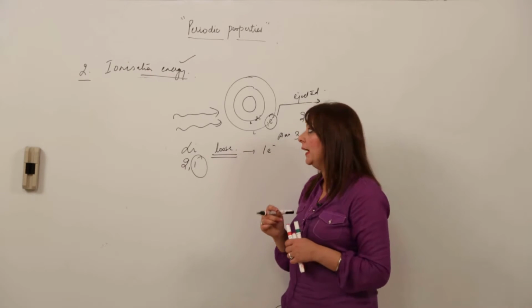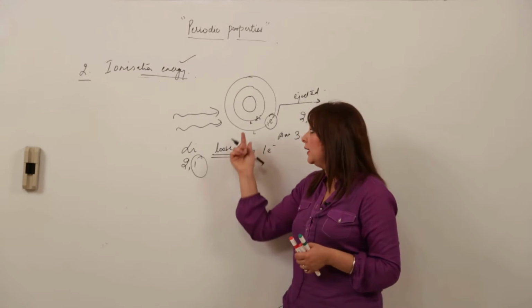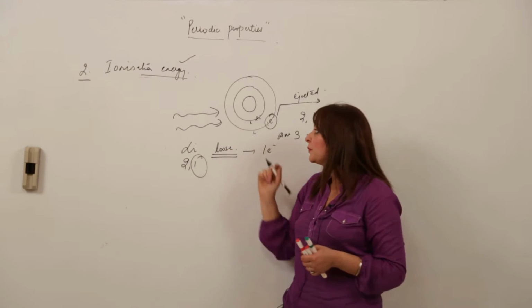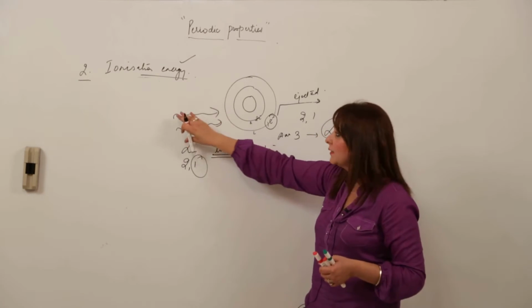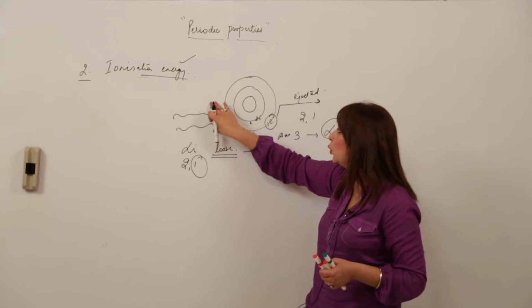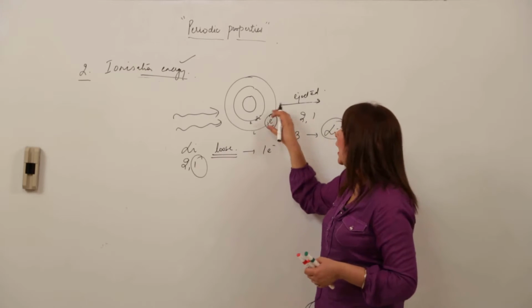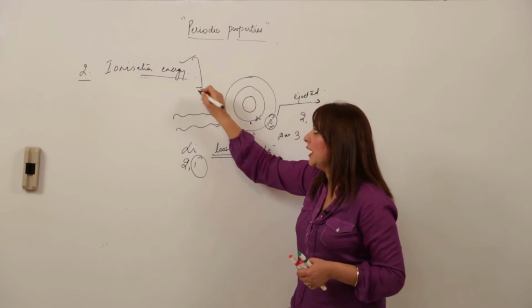So just keep in mind, the electron which is coming in or the electron which the atom is losing is the outermost electron. Everything is happening on the outermost shell. So ionization energy is the amount of energy which we are giving from an external source to eject this electron. This electron will pick up this energy and will get ejected. So this is called ionization energy.